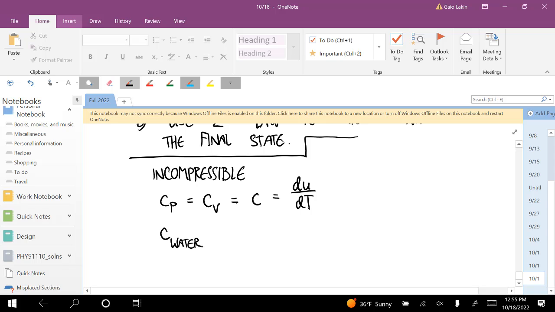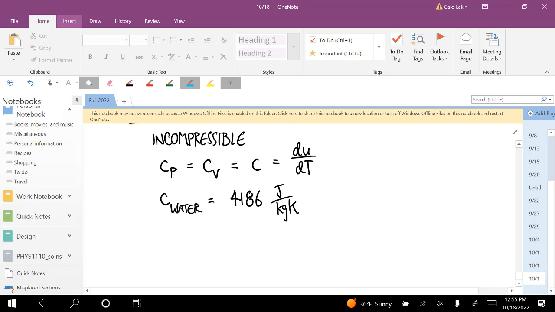For water, it's 4186 joules per kilogram Kelvin. And for steel, it's 460 joules per kilogram Kelvin.